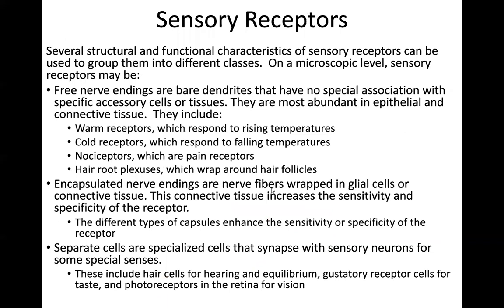Okay, for the next 5, 6, 7 slides, we're going to now talk about the different receptors that we find in the body. We use several structural and functional characteristics of these sensory receptors and group them into different classes. There's kind of 3 major ways to classify receptors. The first is the simplest, in my opinion, and it's just based on what they look like under a microscope.